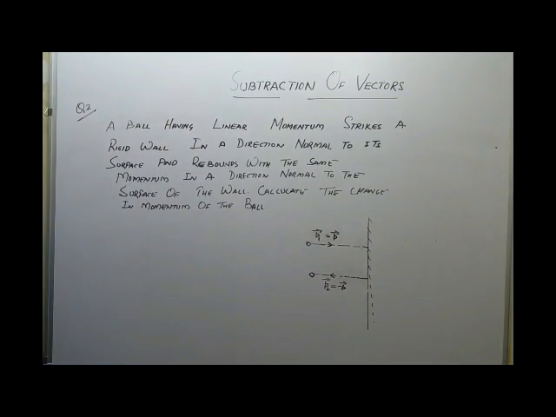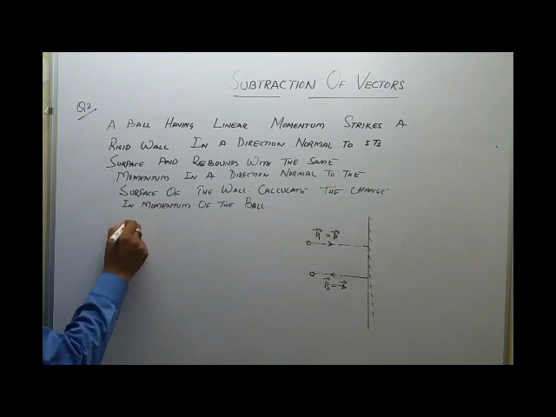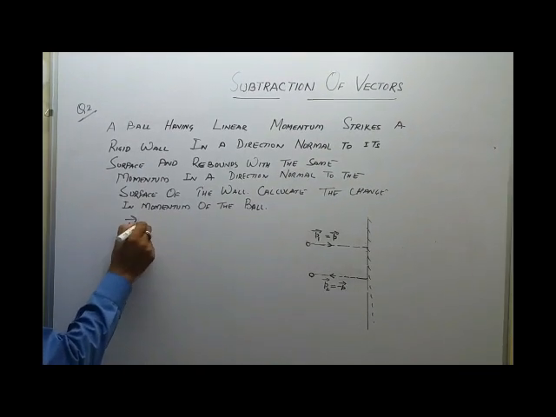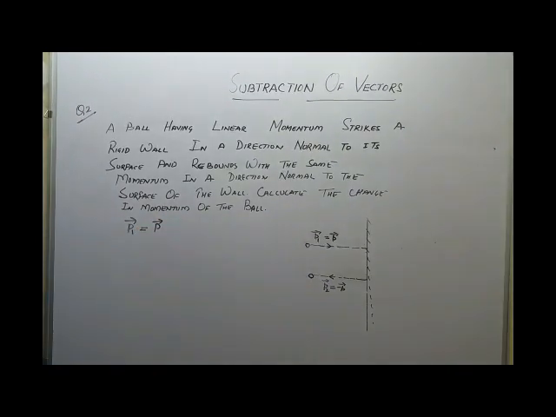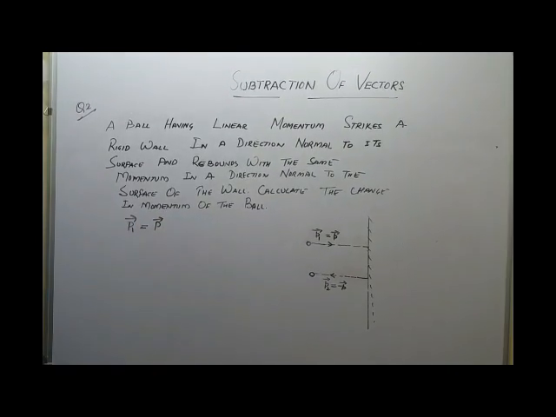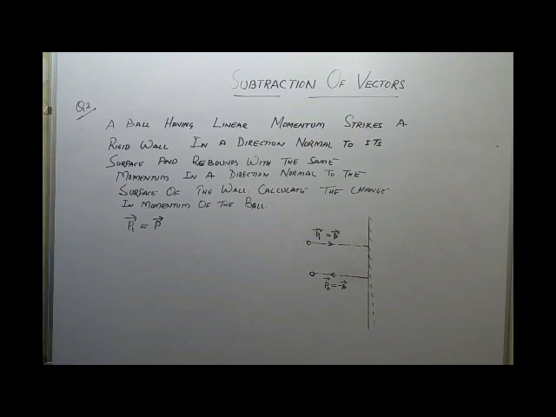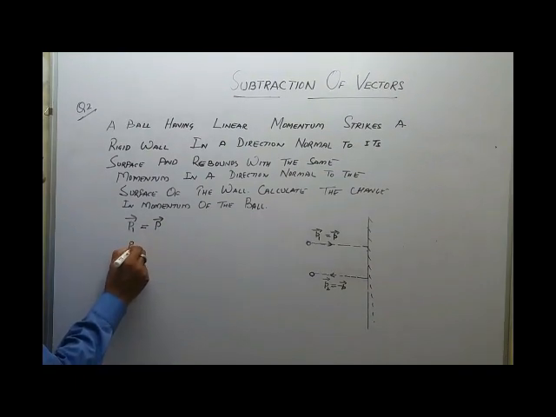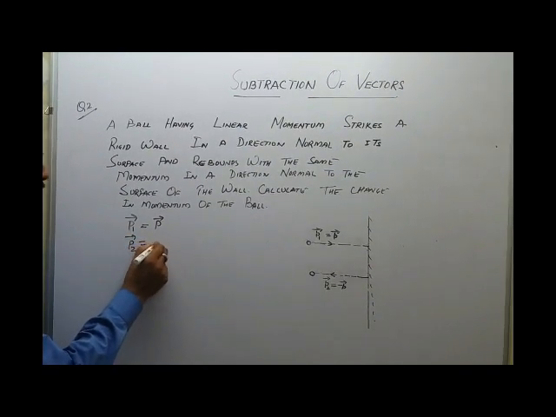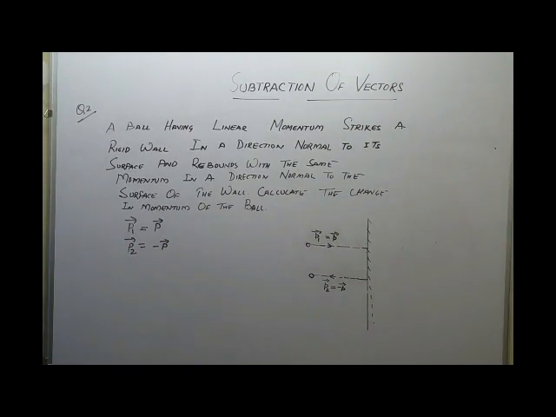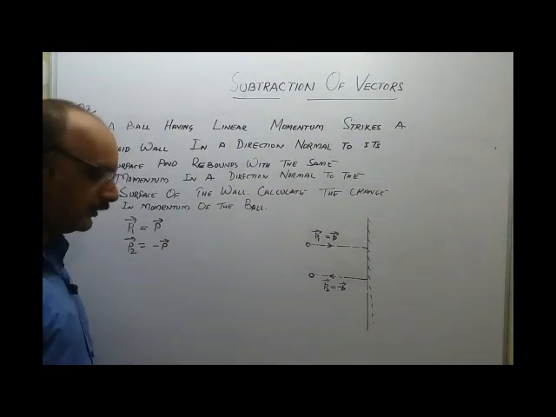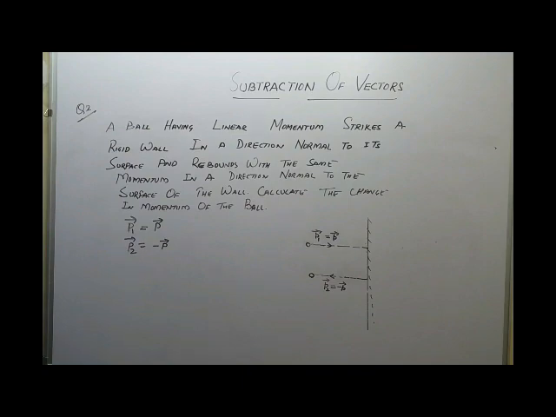What is given to us? That P1 equal to vector P, that is linear momentum of the ball before striking the wall, and P2 equal to minus vector P, that is the linear momentum of the ball after striking the wall.